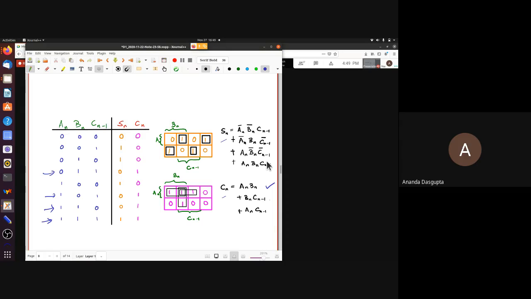And frankly, as long as the number of outputs is small, there are standard techniques which help you do it. If the number of outputs is large, then it's more a matter of art than science. Some people have the knack of being able to simplify more than other people, and they are the designers very much in demand in the industry.